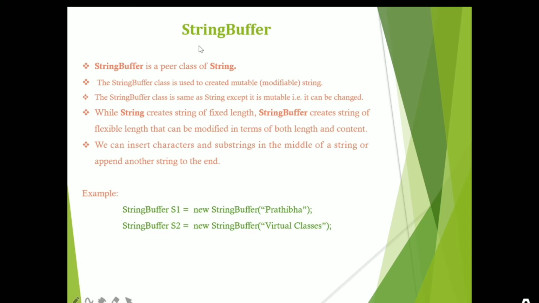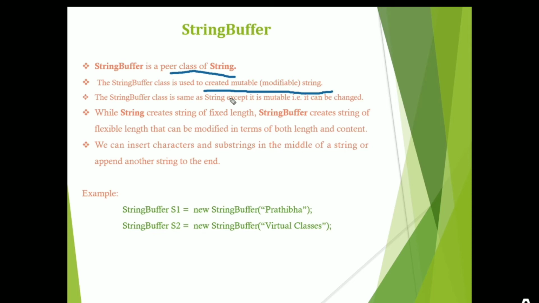This is another class included in Java which is used to create string objects, and this is the peer class of String. It is used to create mutable strings, meaning modifiable strings can be created.